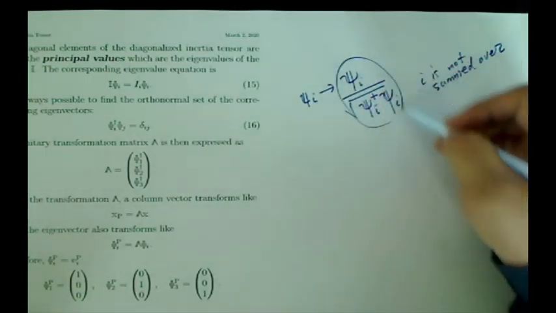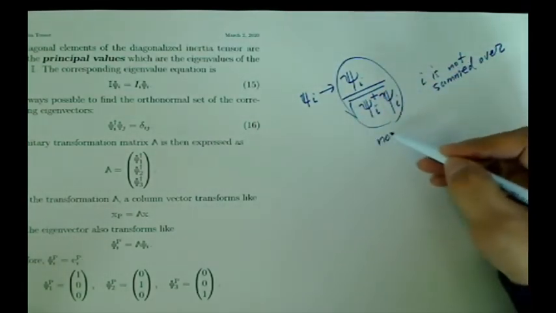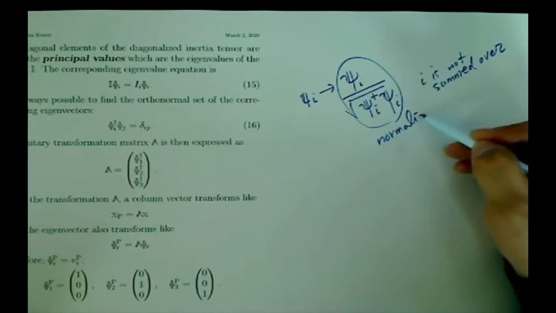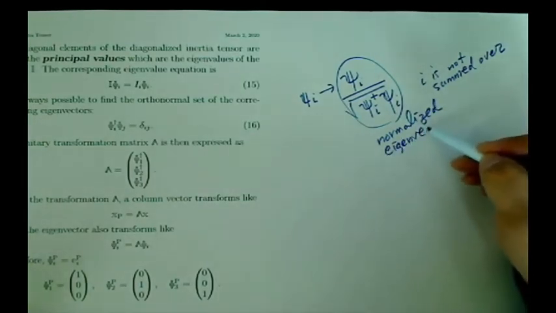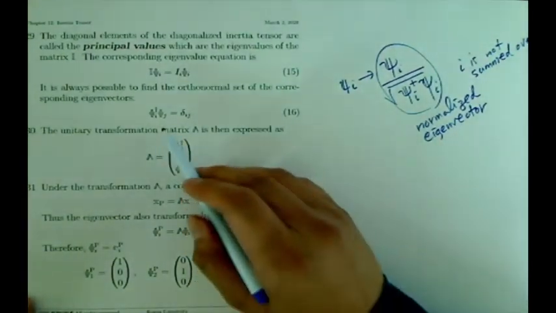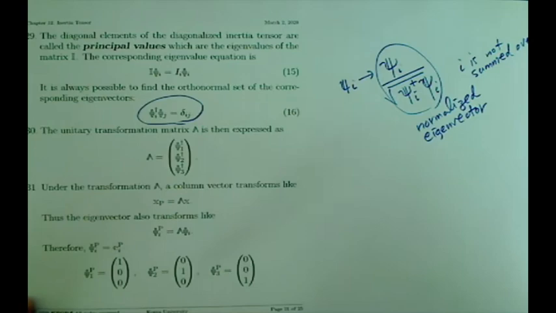So this one is a normalized eigenvector. Once you find the normalized eigenvector, they satisfy the orthonormal relation.